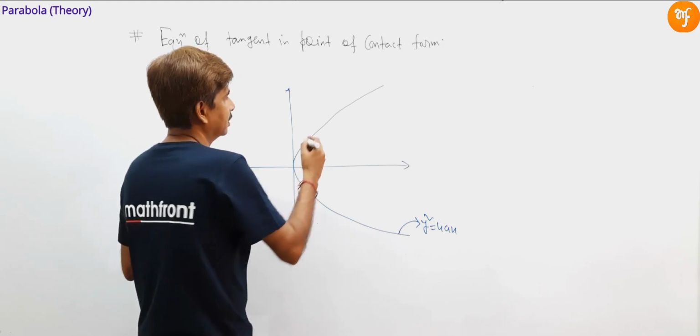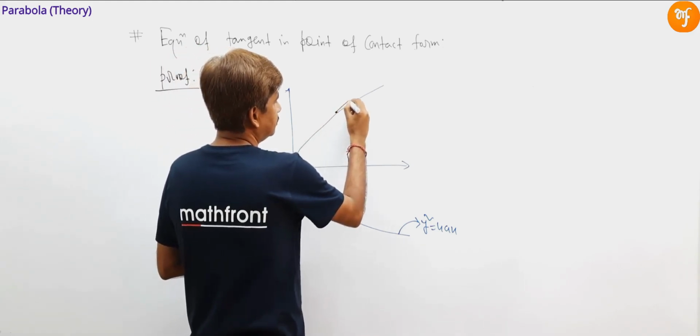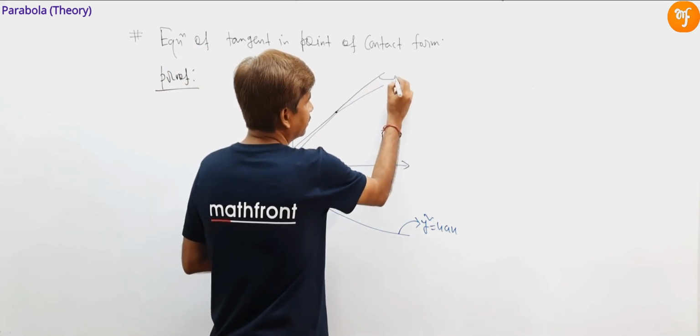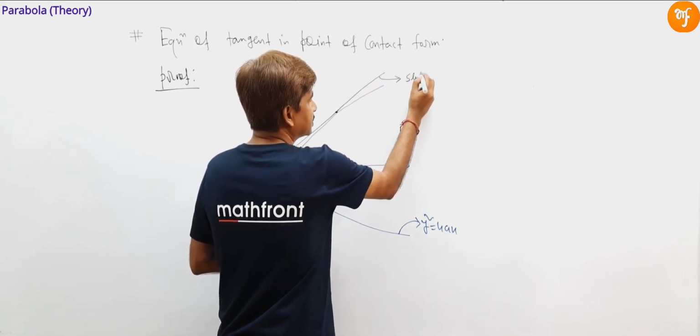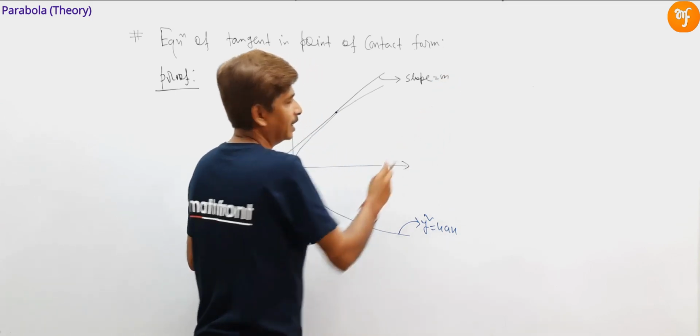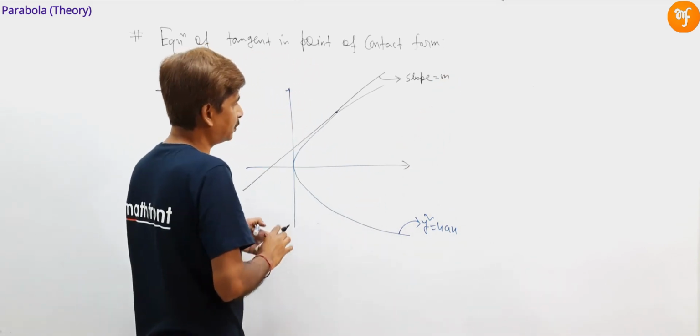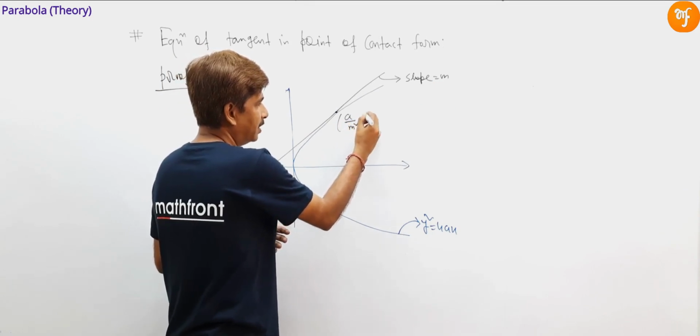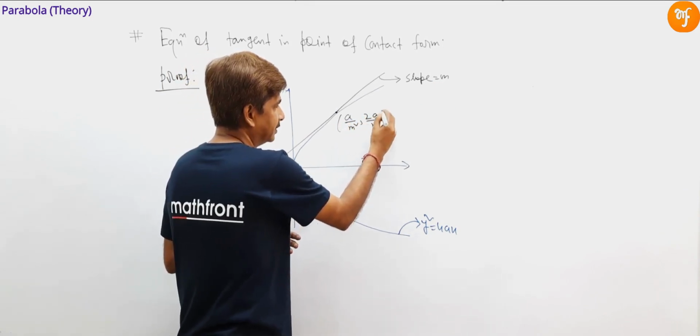So we are drawing a tangent. As we already proved, if the slope of this tangent is equal to m, then the point of contact will be a by m square, comma 2a by m.